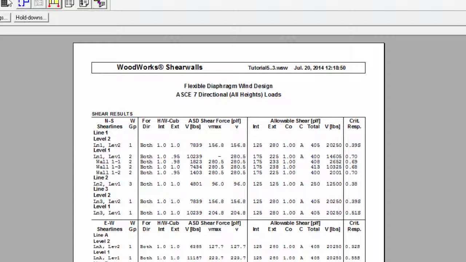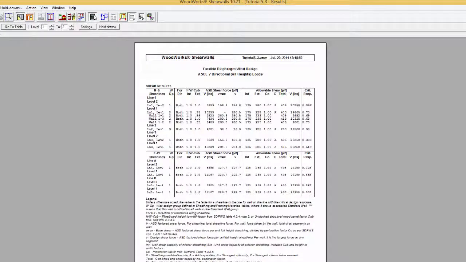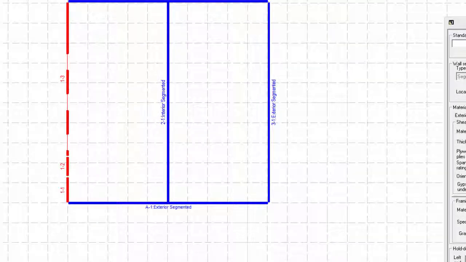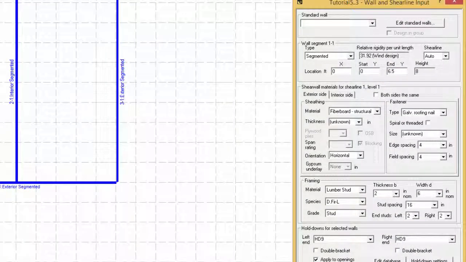Now, if we have a wall consisting of gypsum wallboard on both sides with a height to width ratio that exceeds 2 to 1, zero force will be allocated to that segment. First, we have to select the walls icon in the toolbar, and then we will edit the dimensions of wall 1-1 so that it exceeds the 2 to 1 ratio. A dimension of 3.5 should be sufficient.